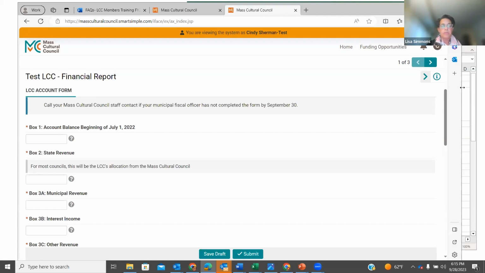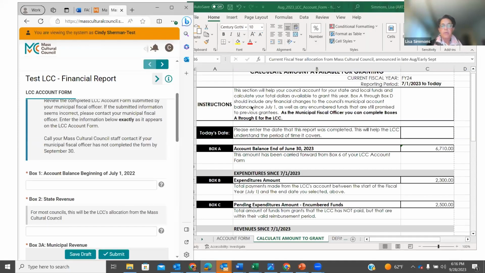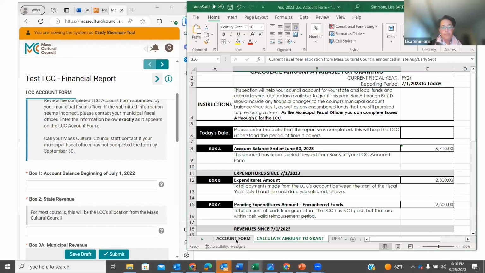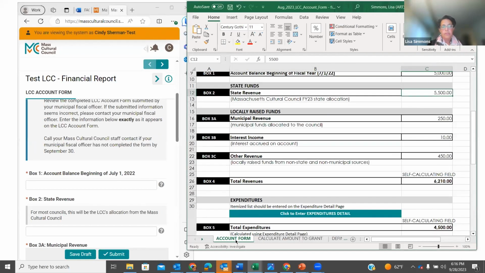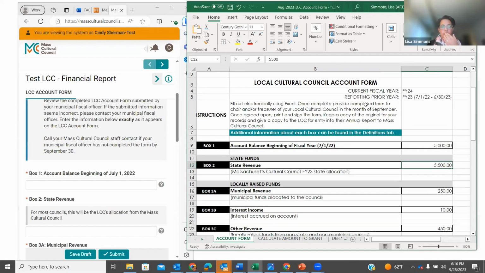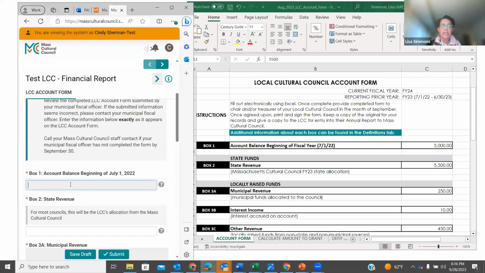So I'm just going to close this a little bit so we can do a little cut and paste. Okay, there we go. All right, so here we have the account form. So let's switch over. In the account form, here it says box 1. So here's your beginning balance. So it really is just a cut and paste.